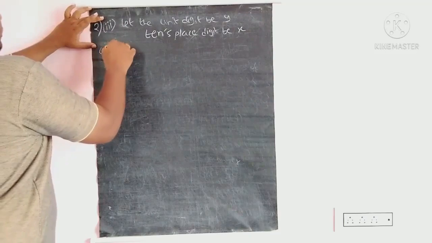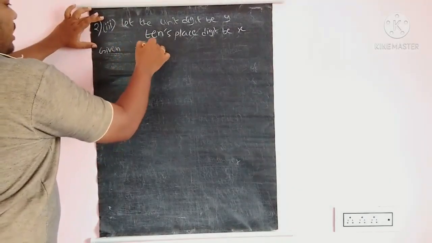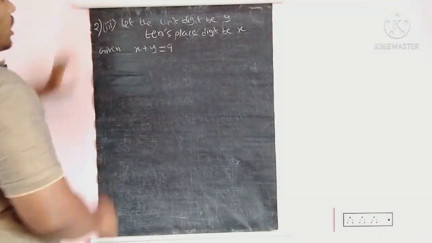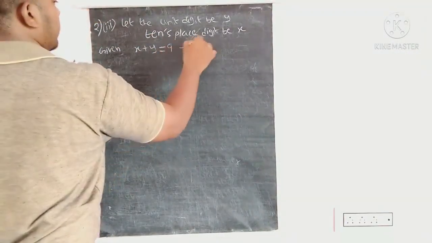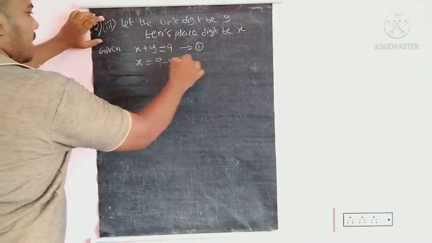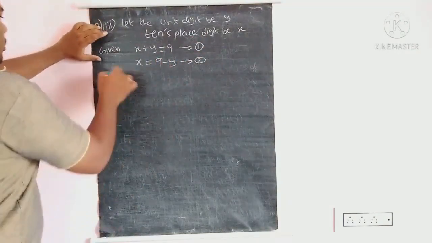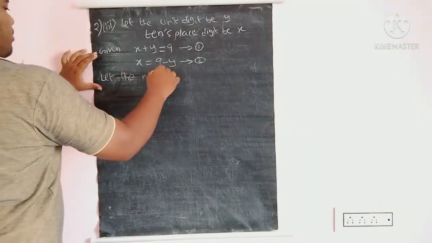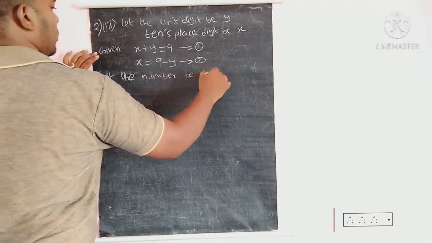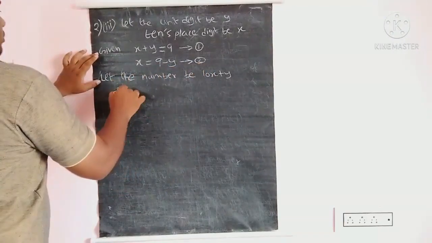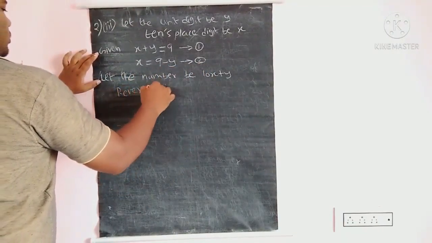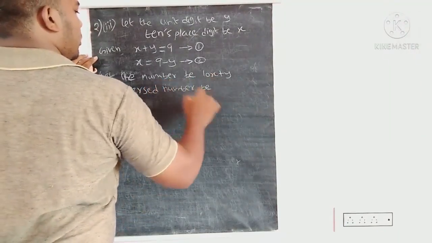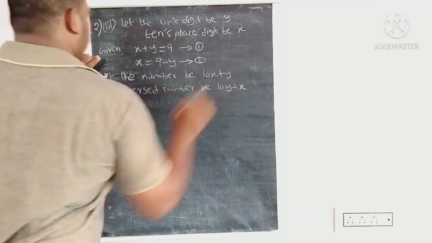Given x plus y equals 9, because the sum of the digits is 9, so x equals 9 minus y. Call this equation 1. Let the number be 10x plus y, and the reversed number be 10y plus x.